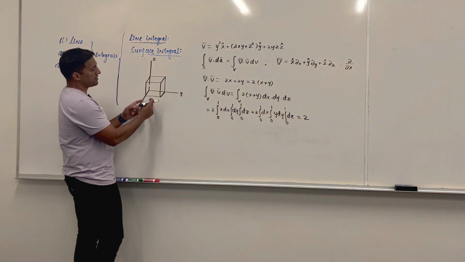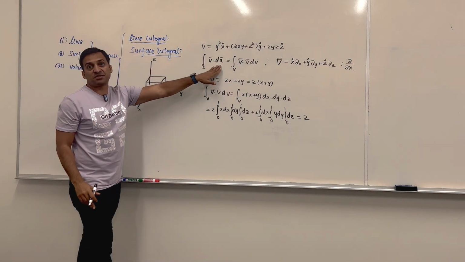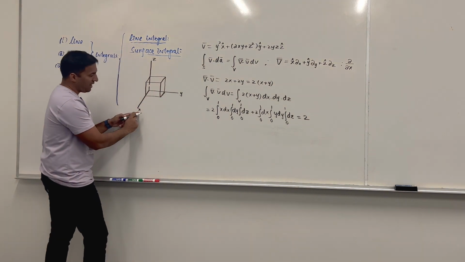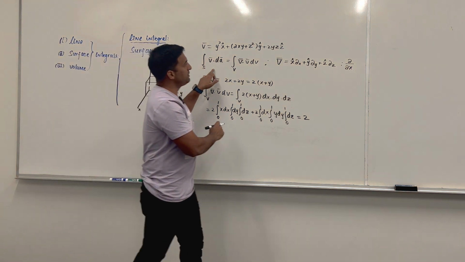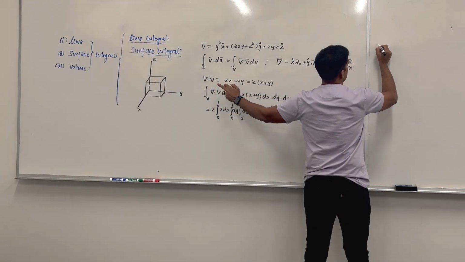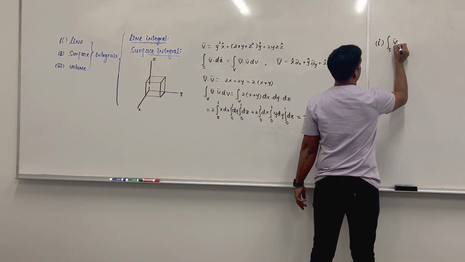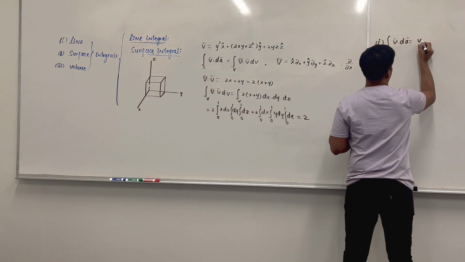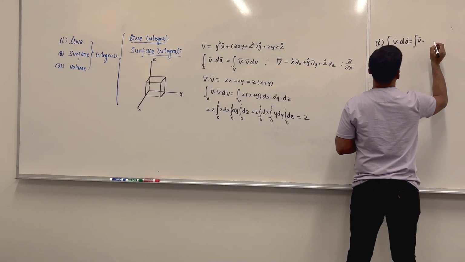Now we have 6 surfaces when we want to calculate this term, so we calculate it 6 times, one for each surface. This surface is directed along the x-axis, so its area is dy dz times the x unit vector. For the first surface, this becomes the surface integral of v dot dA. I'm just writing v because it's going to be simplified.